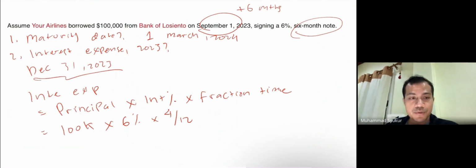I just want to remind you that whenever you see an interest rate in this situation, the 6%, it is always for 1 year. So you have to convert the 6% for 1 year to the percentage for 4 months only.